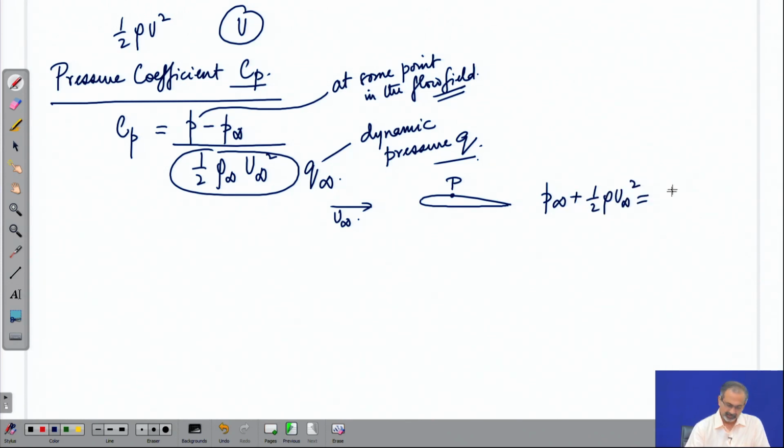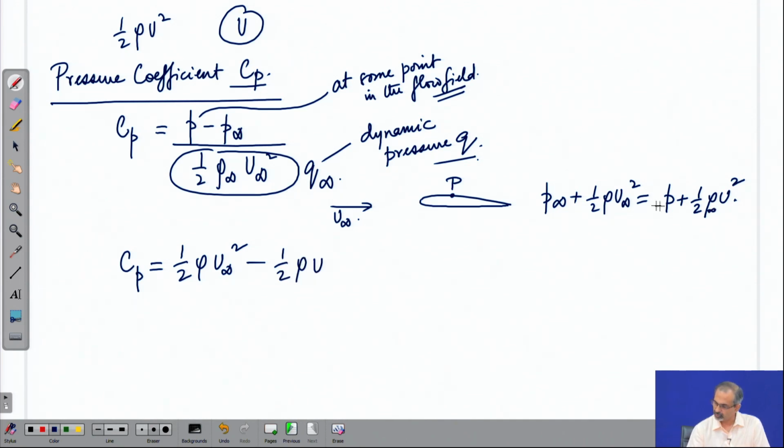if we apply Bernoulli's equation between a point in the free stream and the point P on the airfoil, then we see that Cp will turn out to be, let us use half rho infinity everywhere, that will make it consistent.